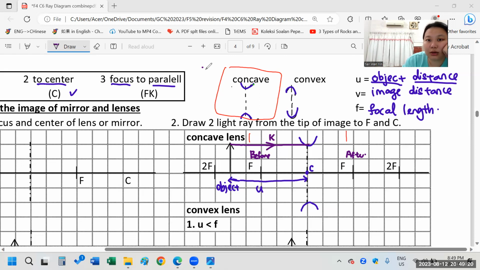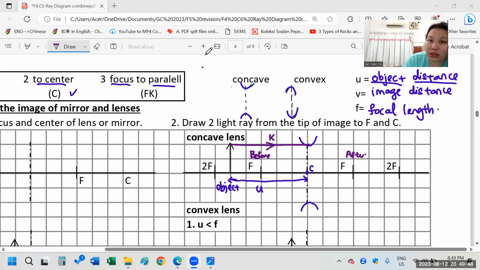Can you look at the concave lens and tell me? Now, the after changes to before. Very good. Yes, for a concave lens, we use before.